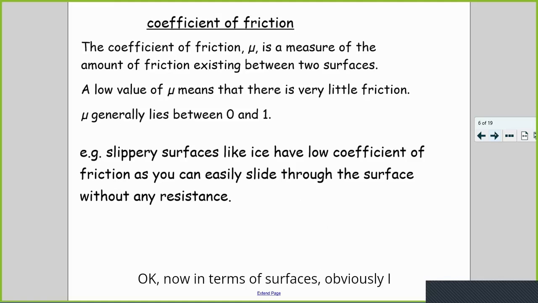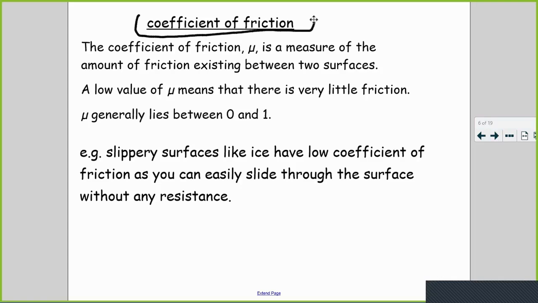Now, in terms of surfaces, I told you there is friction between surfaces, but we need to be very precise when it comes to friction. So there's a concept called coefficient of friction. It's denoted by the letter mu, which looks like a u with an extra stick at the start.